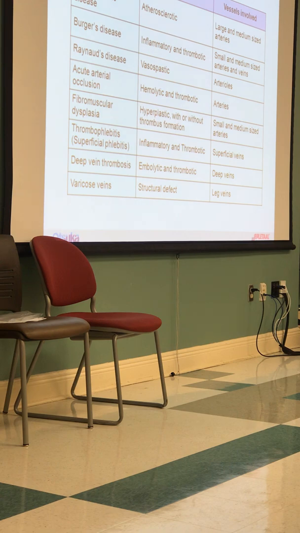Okay. PVD, peripheral arteriosclerotic disease. Of course, we know arteriosclerosis affects large and medium-sized arteries. Buerger's disease is an inflammatory condition.